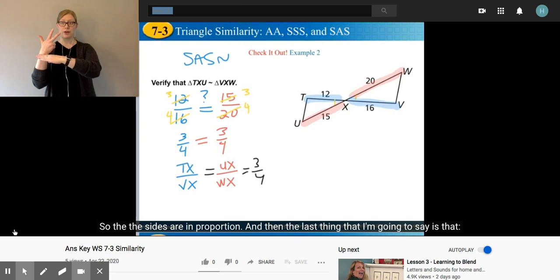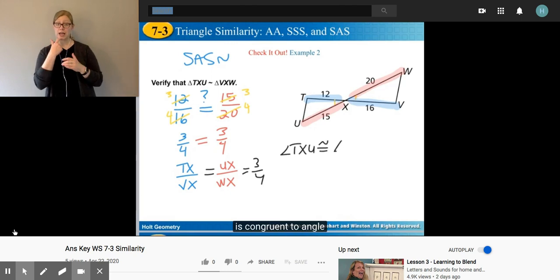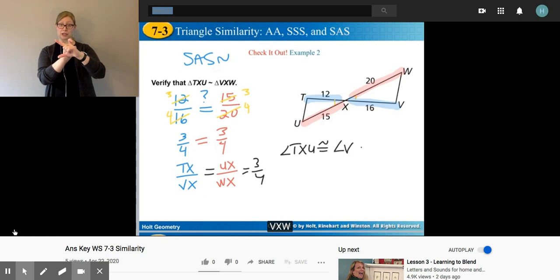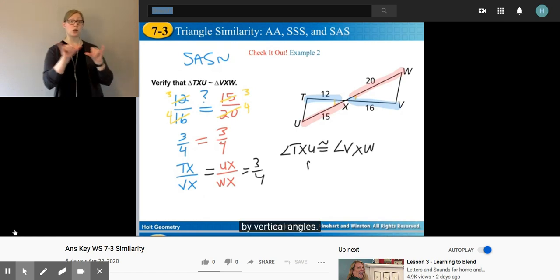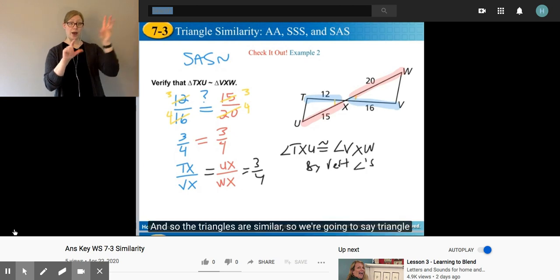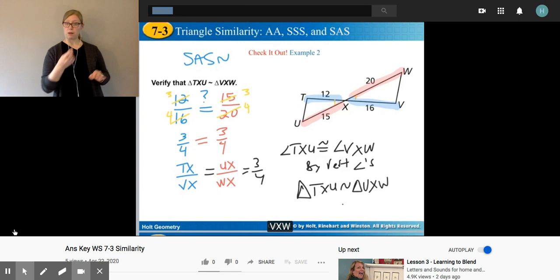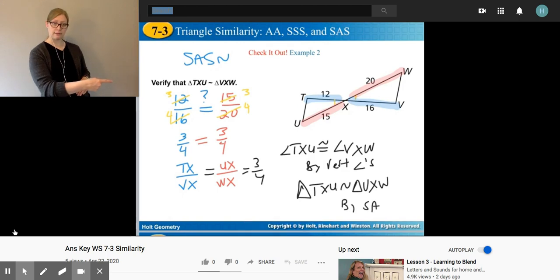So the sides are in proportion, and then the last thing that I'm going to say is that angle TXU is congruent to angle VXW by vertical angles. And so the triangles are similar, so we're going to say triangle TXU is similar to triangle VXW by side angle side similarity.